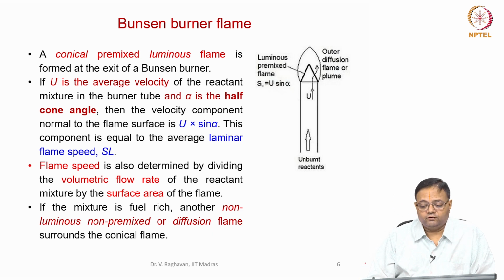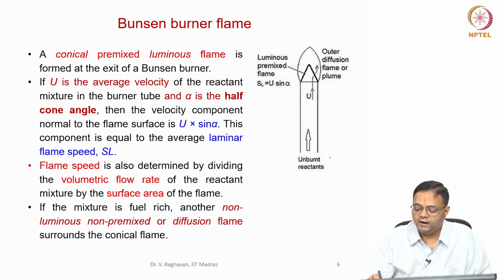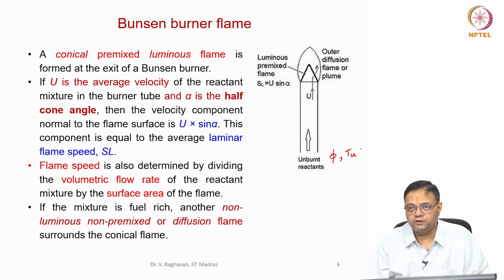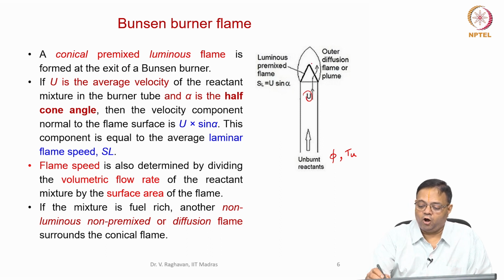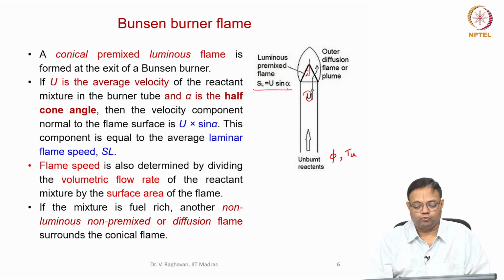Now, let us investigate a few more points about the Bunsen burner flame. As I told you, unburnt reactant at a given equivalence ratio and unburnt gas temperature Tu is sent, and it has a superficial velocity U, and alpha is the half cone angle, and I calculate the SL also.